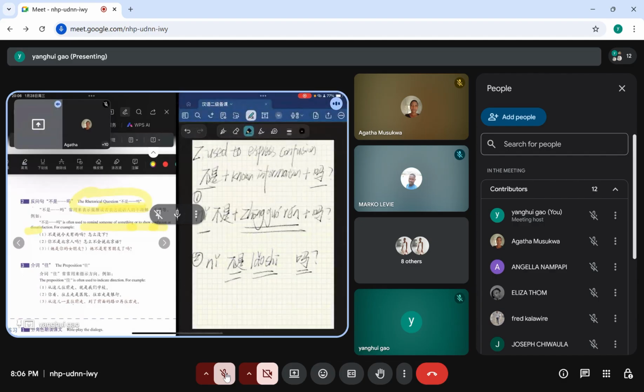And another one. When the weather forecast is different from the actual weather, we can also use this structure.